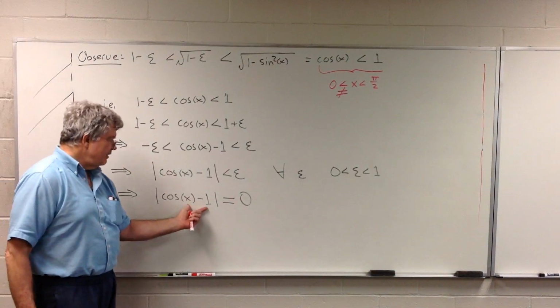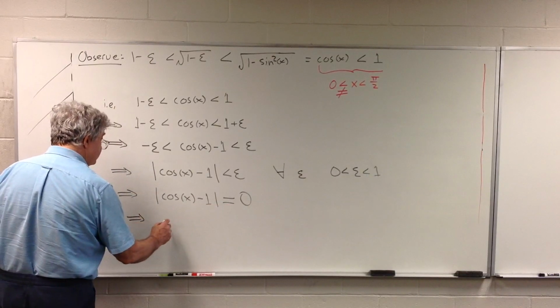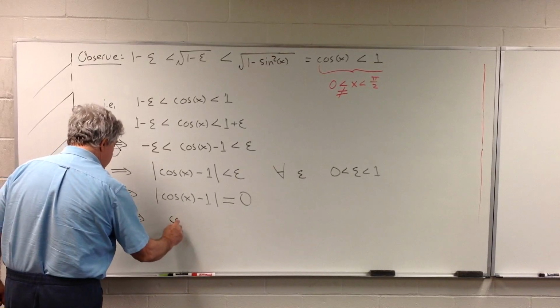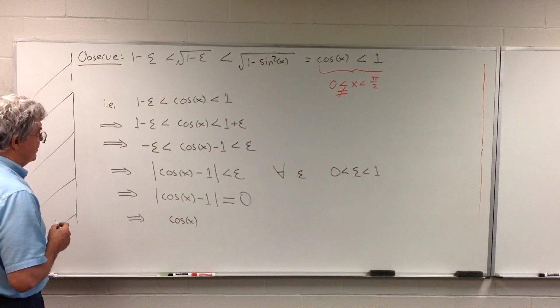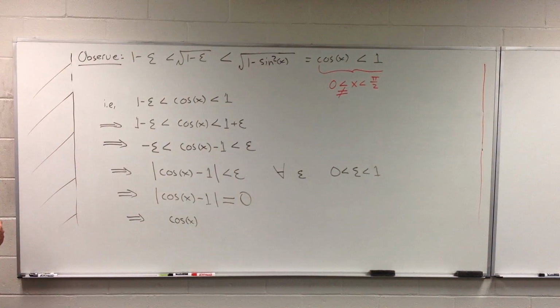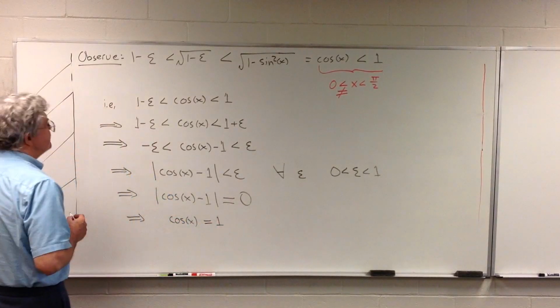The absolute value of something equals 0 means that whatever is inside is 0. That means that cosine of x is equal to 1.